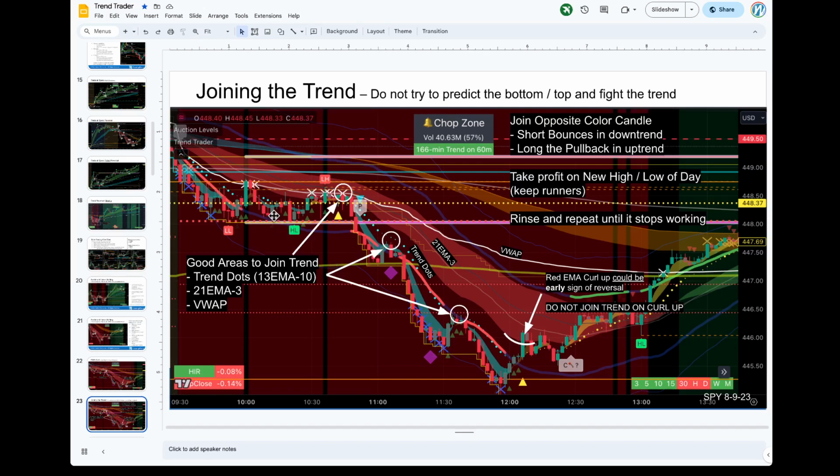So that is a good pullback candle, a good time to get in. The trend dots are another good spot to get in, when it gets close to the trend dots. And then this white line, the 21 EMA on the 3 minutes. Those are all good spots if you say, okay, here's a trend I want to get in. You want to get it for the cheapest price possible, and that's what this is trying to show you.